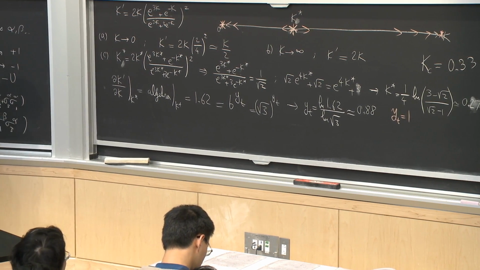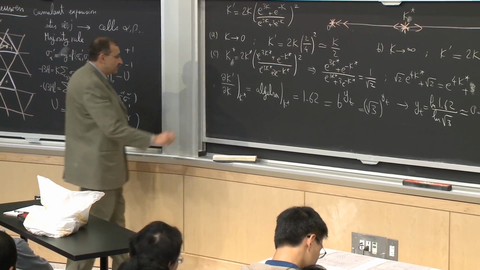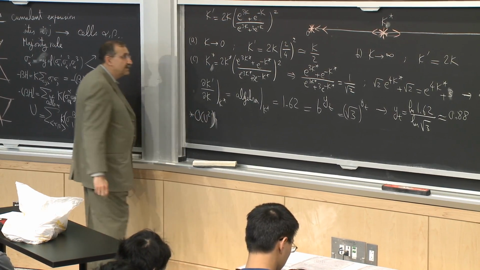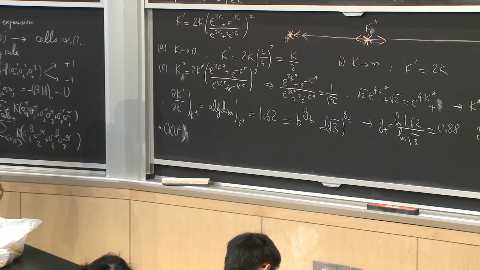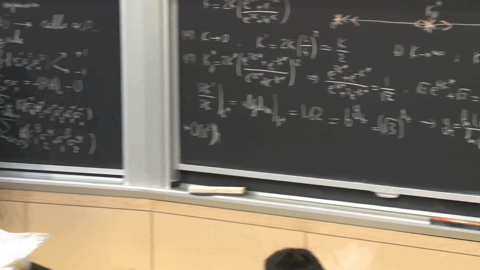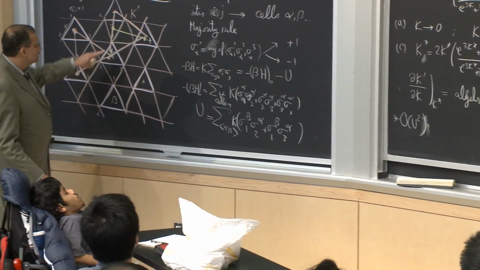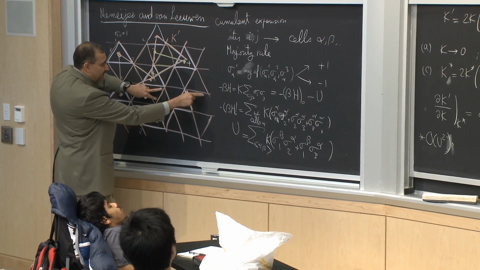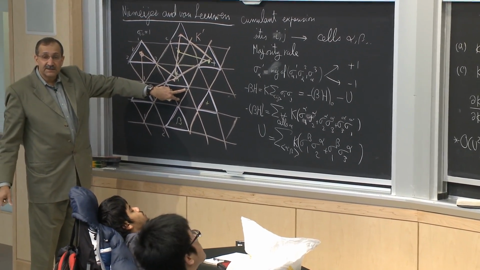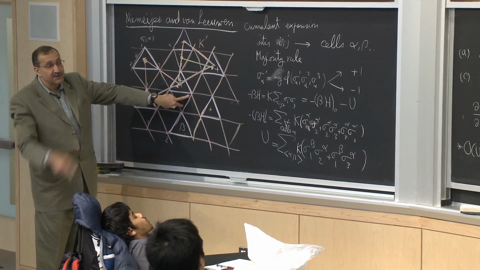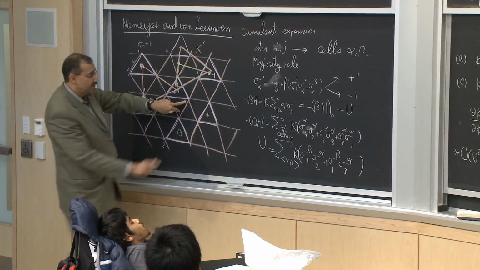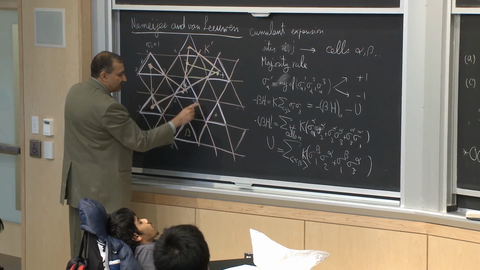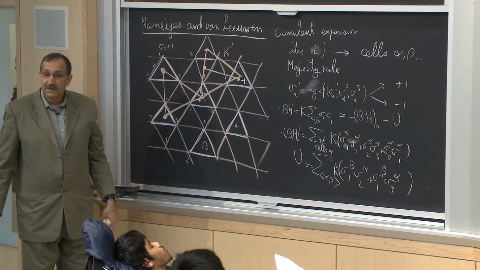Now, answering the question that you had before, suppose I were to go to order of u squared. At order u squared, I have to take this kind of interaction, which is bilinear, a pair of spins here, multiply two of them, so I will get a pair of spins here, a pair of spins there. As long as they are at distinct locations, when I subtract the average squared, they will subtract out. So the only place where I will get something non-trivial is if I pick one here and one here.